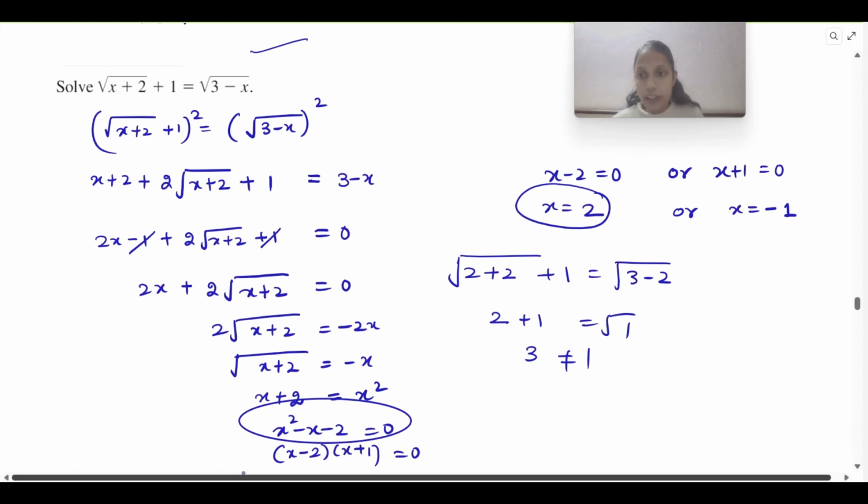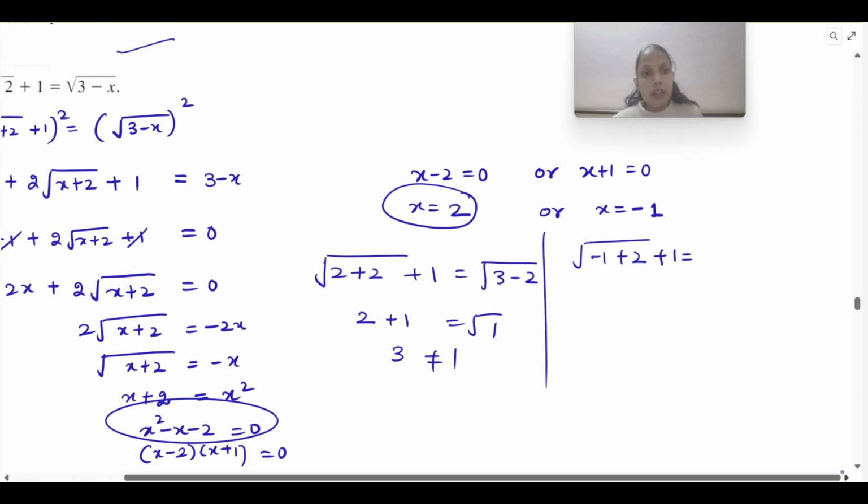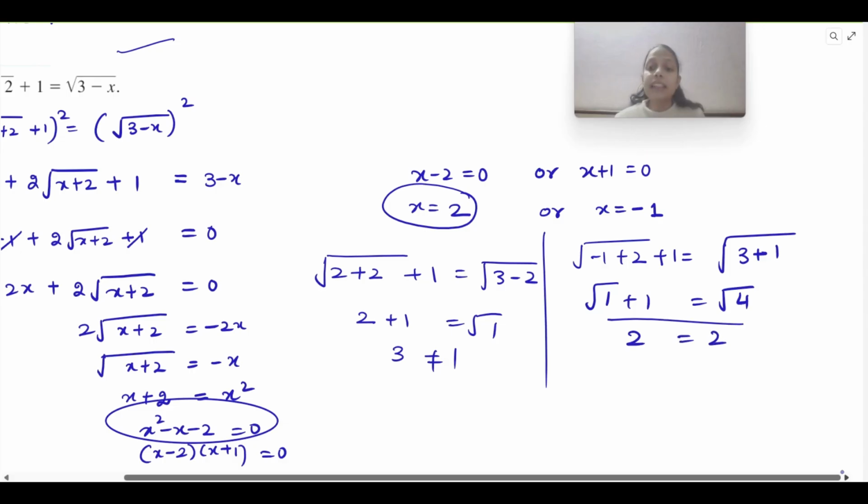Okay, let's check for negative 1. Square root of negative 1 plus 2 plus 1 equals square root of 3 minus negative 1. So that becomes plus 1. It's a square root of 1 plus 1, square root of 4. It's 1 plus 1, 2 and 2. Yes, it's satisfied.